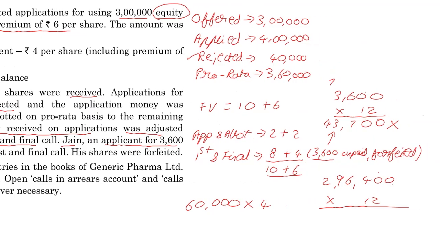He applied for 3,600. Whoever applied, everybody applied 3 lakh 60, they got 3 lakhs. So if you applied for 3,600, how much you got? It's X. Cross multiply, but you can make out that it is only 3,000. So I should not be multiplying 3,600 into 12.